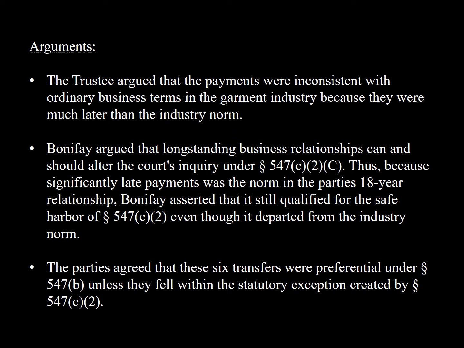The arguments: the trustee argued the inconsistency with the industry norm, that was his main argument. The debtor argued that the conduct was consistent between the parties, and given the long relationship of the parties, it should be allowed to qualify even though it departed from the industry norm.